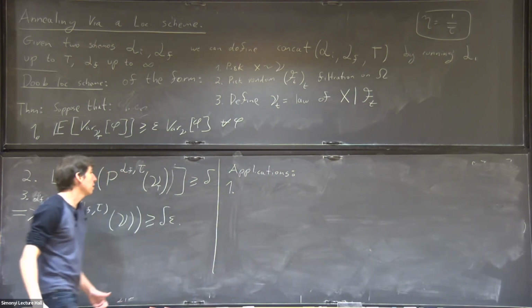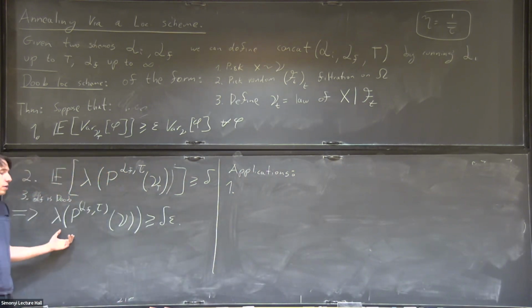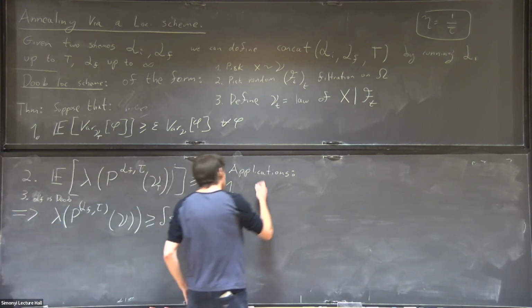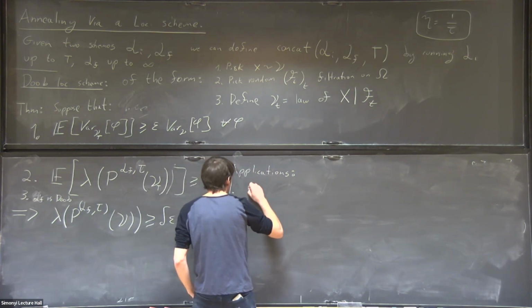First of all, it turns out to be pretty useful to use the continuous stochastic localization driven by Brownian motion as an annealing scheme for Ising models. The reason is the following.